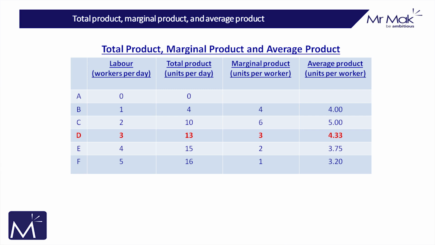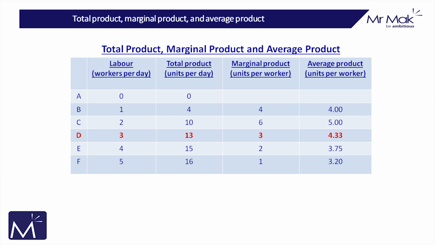That moves up to scenario B. And in that scenario, with 1 unit of labor, we are producing total product of 4 units per day. The number of products have increased by 4, so our marginal product is also 4, and then our average product per worker is 4.